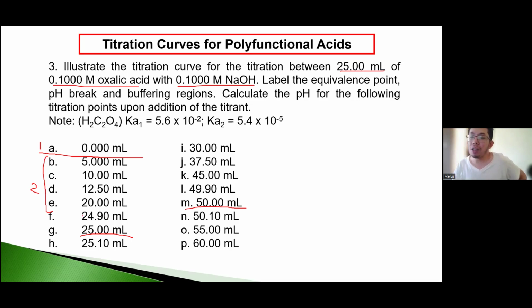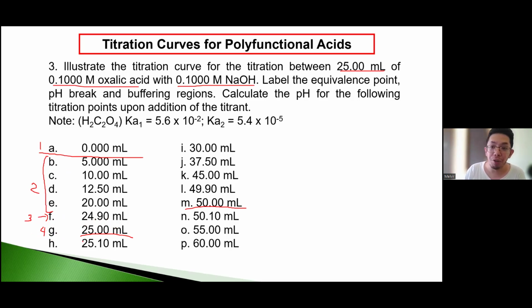But when you reach 24.9, this is just before the first equivalence point. You'll have another calculation method there, and I already taught you that. Later we will apply it. So that is the third calculation method. And then, of course, the 25 ml, your first equivalence point, will be your fourth calculation method.